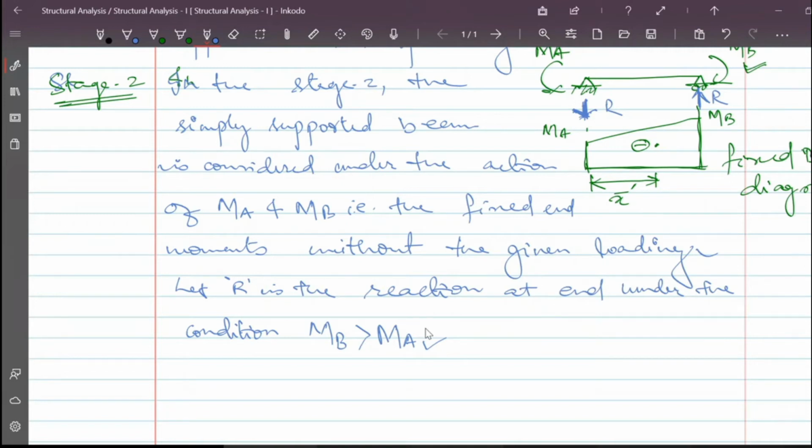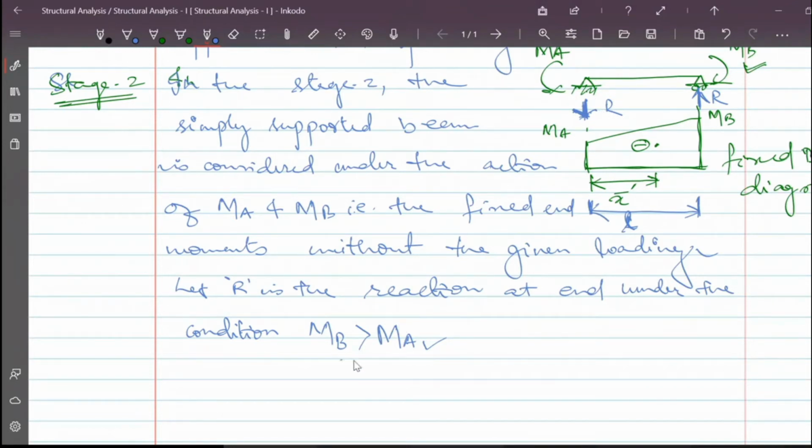Okay. So if this is the case, and one more thing, what is the distance between A and B? The distance between the supports is small l, or L, whatever it may be. Now what will be this reaction R?